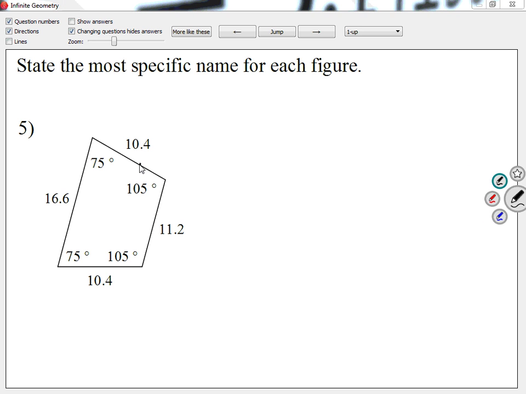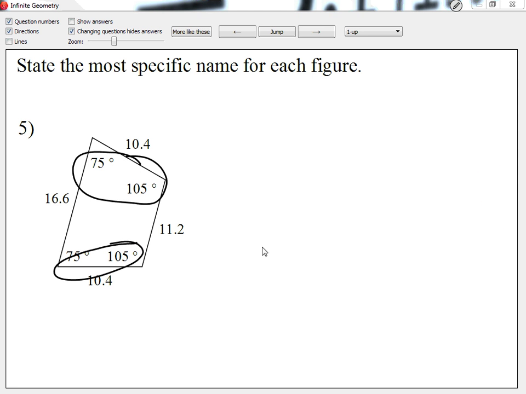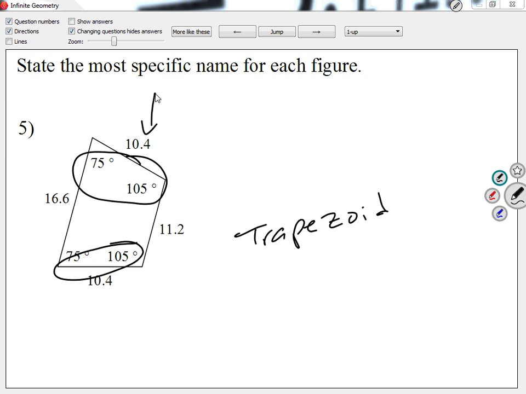If I was to rotate it, those 2 numbers add up to 180. These 2 numbers also add up to 180. So that makes it a trapezoid. If I was to spin it around, that would make it a trapezoid. But then I take a look at the legs. The measurements are 10.4. So this is also an isosceles trapezoid.